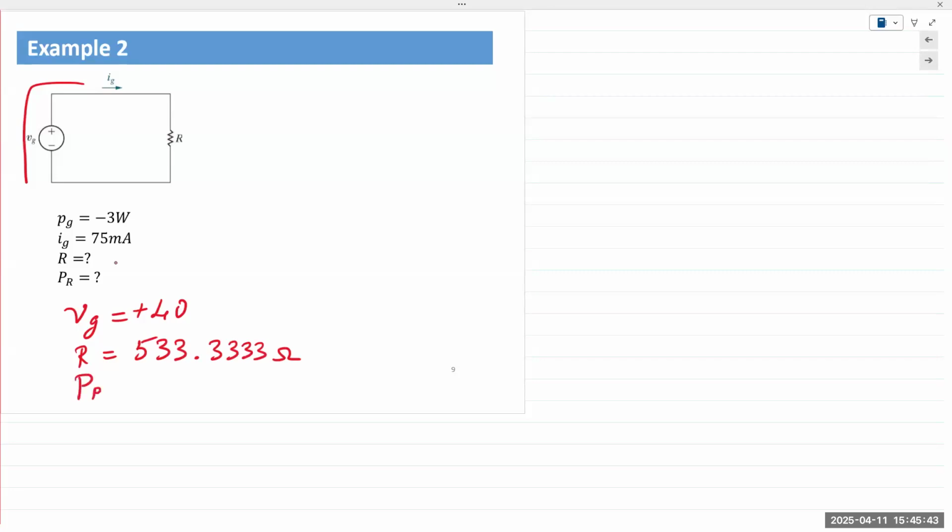And then PR. 21K. Okay. Let's see. 75 milliwatts.